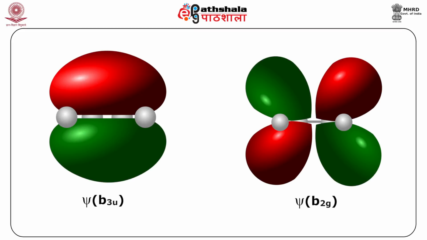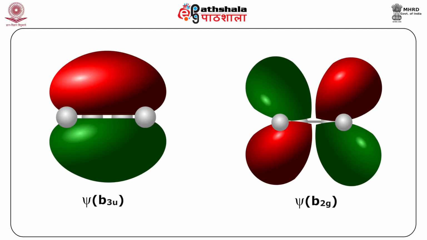You can see the projection in the YZ plane is also shown. Psi B3u you see is a bonding orbital because the electron density is spread, if you take the maroon color as the positive lobe, the green color is the negative lobe, and both the lobes are delocalized over the 2 carbon atoms.